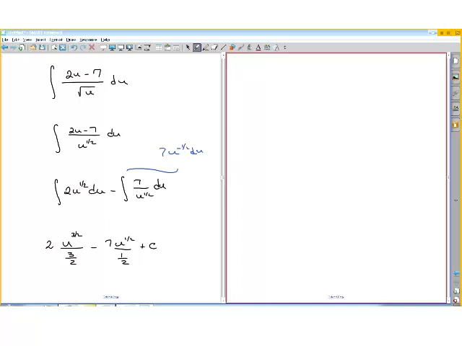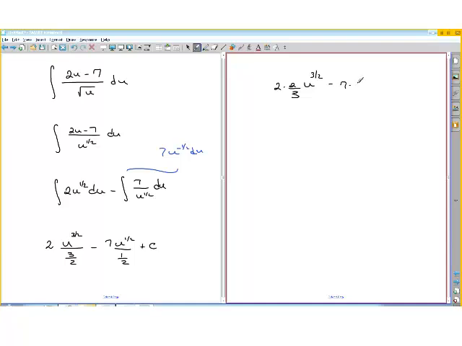We're going to clean this up a little bit before we substitute back in. So we'll have 2 times 2/3 instead of 2 divided by 3/2. Multiplying by the reciprocal is the same as dividing by something. So the reciprocal of 3/2 is 2/3.